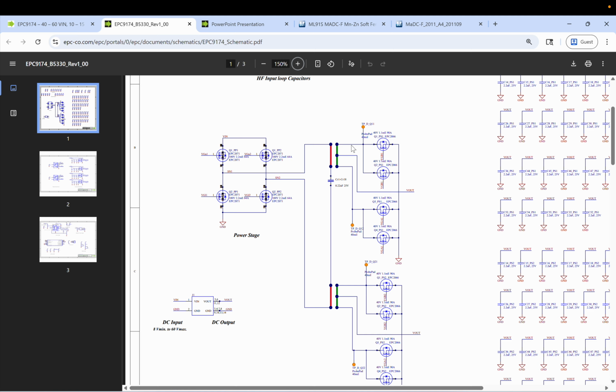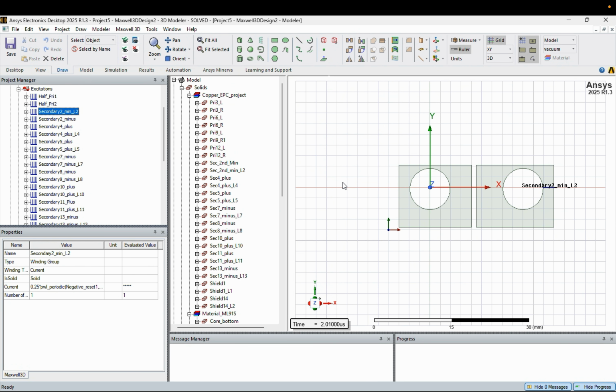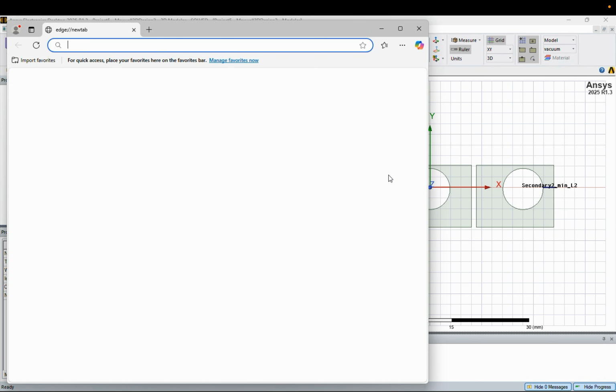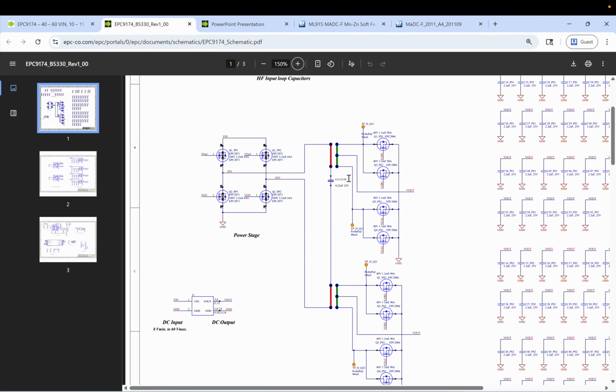But they have put several turns in parallel so that the secondary can conduct the current. So 2, 1, 1, 2, 1, 1, and I just clearly followed what is shown in this one. What is shown in this one?